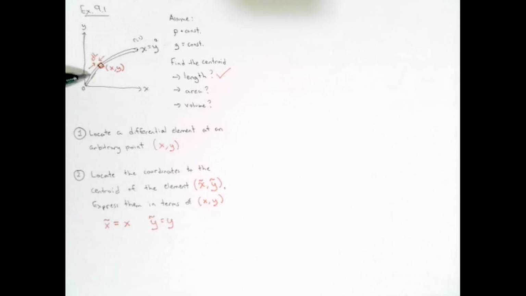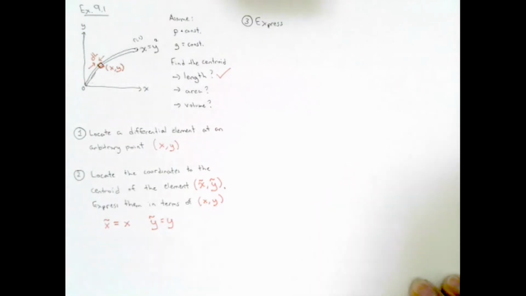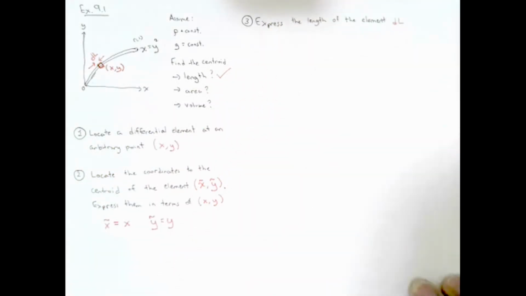However, we're looking at the x and y plane, which means that our next step will have to be to express the length of this element, which we know is called dl. We're going to express it in terms of x and y.